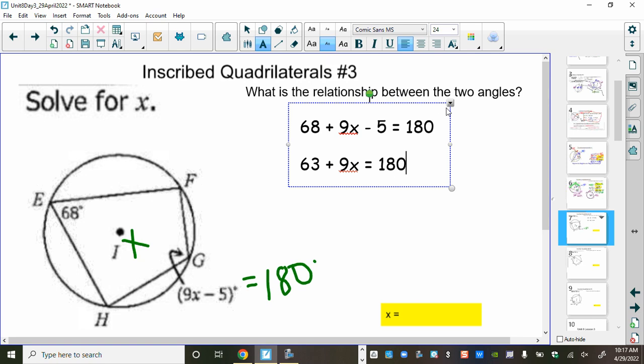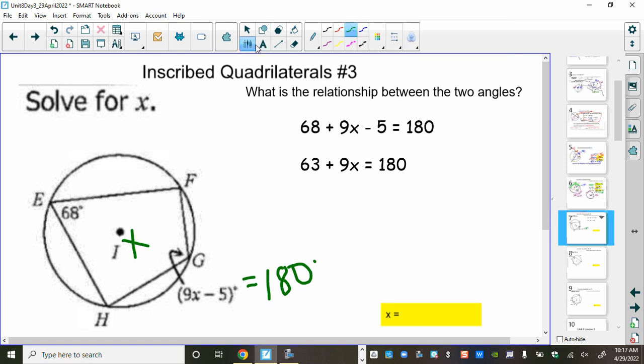Because here we combine like terms. So first, I forgot to mention, angle E plus angle G is 180. So then it's minus 63 on both sides.